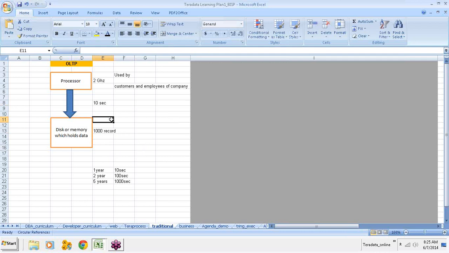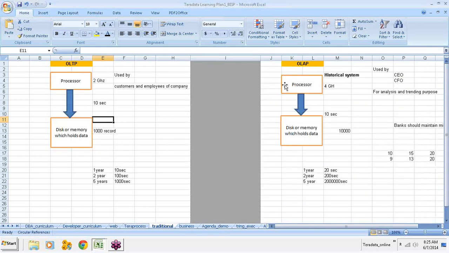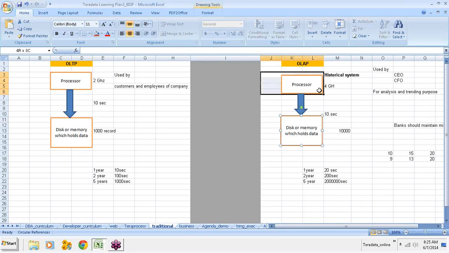Okay. So what happened to the old data? They have archived it and kept it in another system called the analytical system. You can see here. They have come up with one more system called the analytical system, and this analytical system is also a database. So this also has a processor and disk memory, but it is a higher configuration machine than the OLTP.